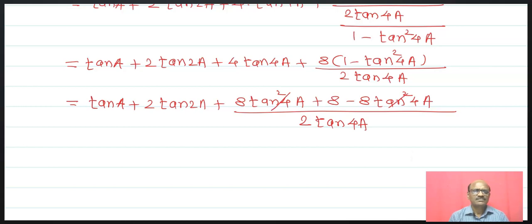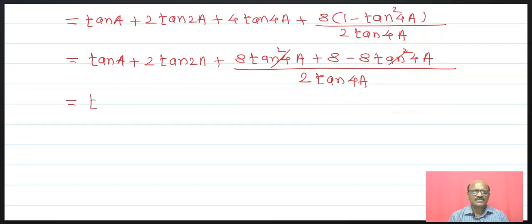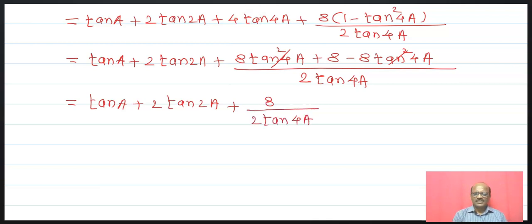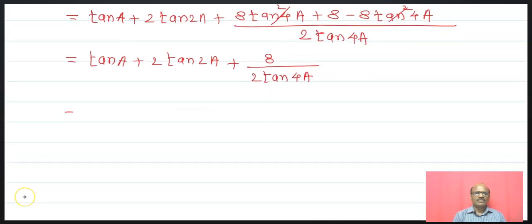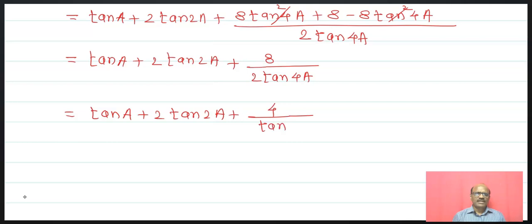Therefore, tan A plus 2 times tan of 2A plus 8 upon 2 tan of 4A. And if we simplify it, you will get 4 upon tan of 4A. 2 times tan of 2A plus 4 upon tan of 4A.